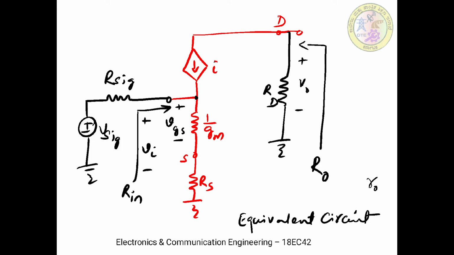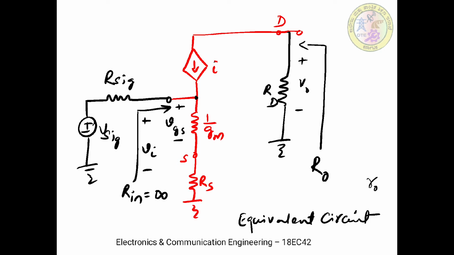So here in this circuit the input resistance Rin will be very high, and this will be equal to infinity. Because of this, our Vi will be equal to V signal. So this we have discussed even with the common source amplifier also.